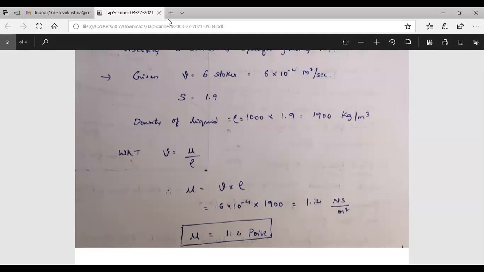Next number I'll call, 373, Pranay. What is 1 centipoise? Sir, 1 centipoise is 1/10 stroke. Poise, stroke, yeah, English understood. 1 centipoise in terms of poise, how much? 1 centipoise equals?